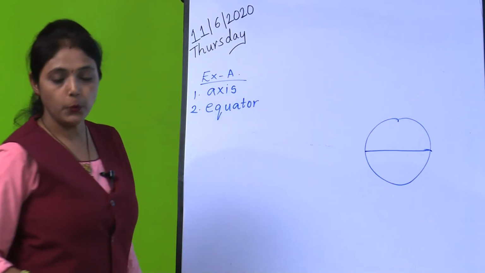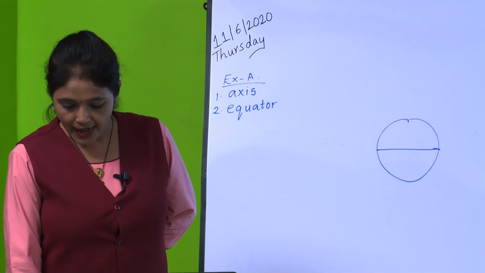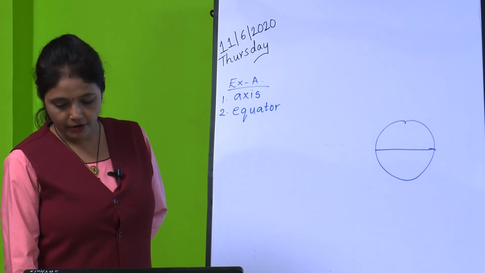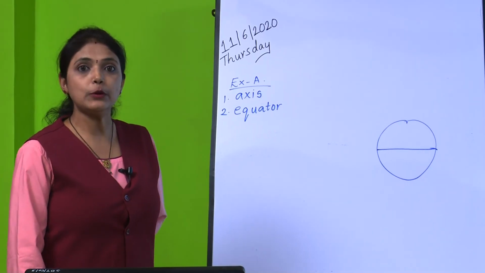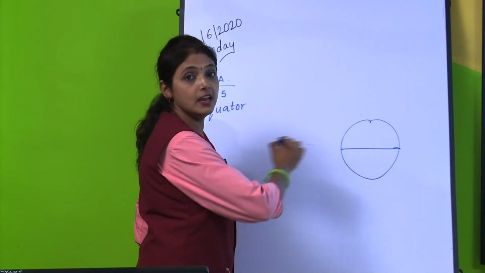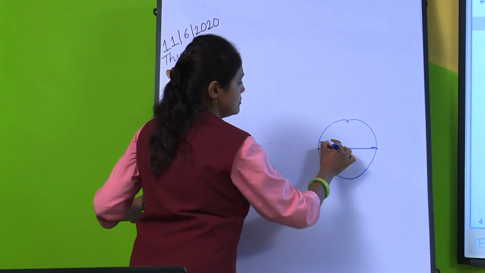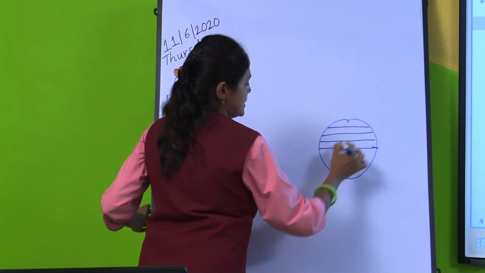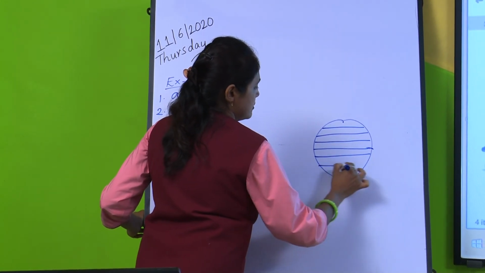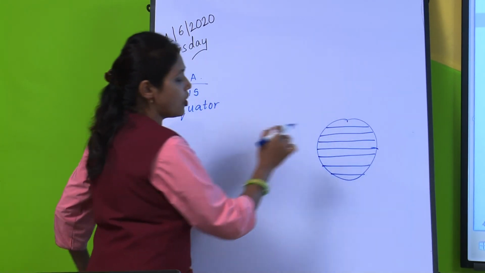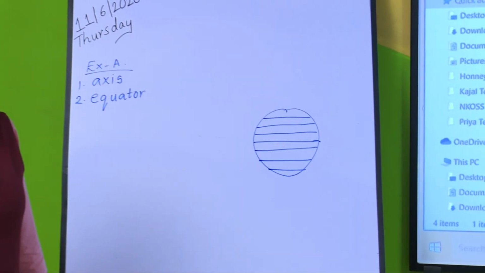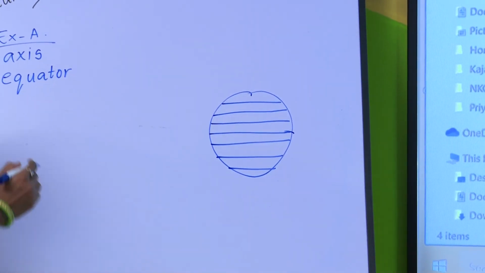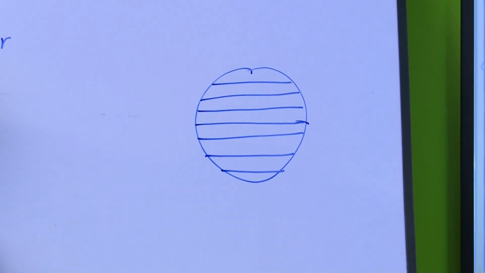E-Q-U-A-T-O-R, equator. Next, dash are lines that run parallel to the equator. What do you mean by parallel? Yes, these horizontal lines are parallel. So what are these called? They are called latitudes. Very good.